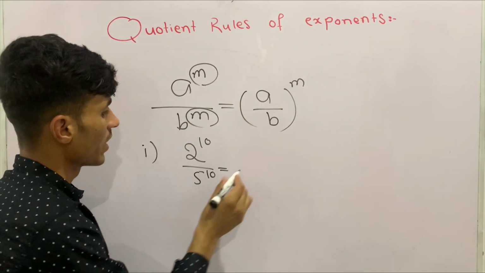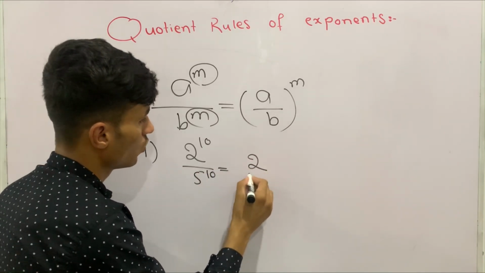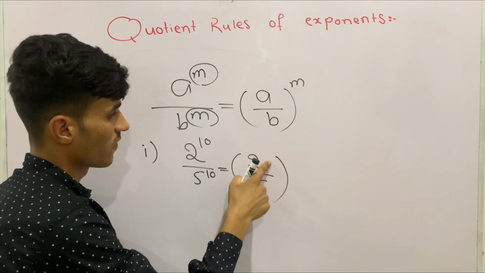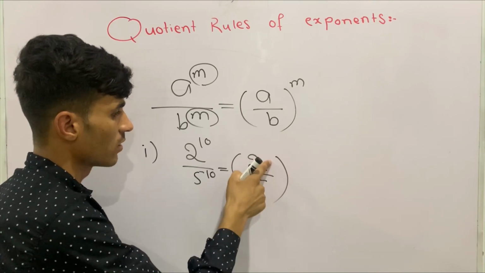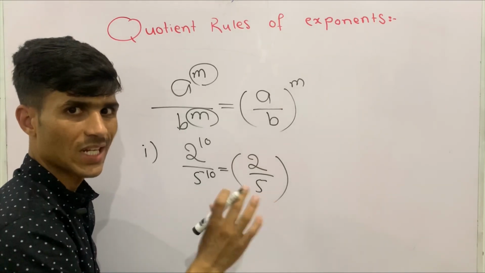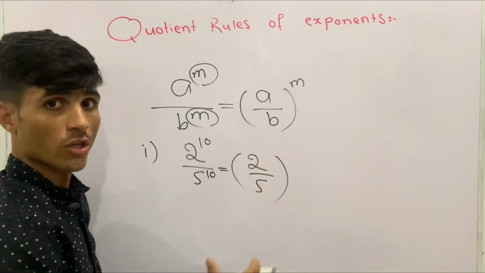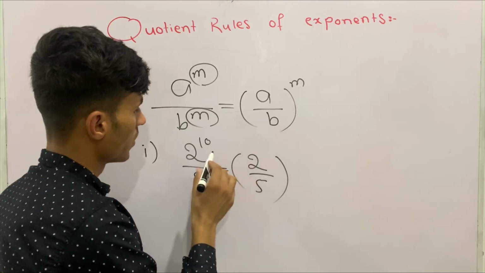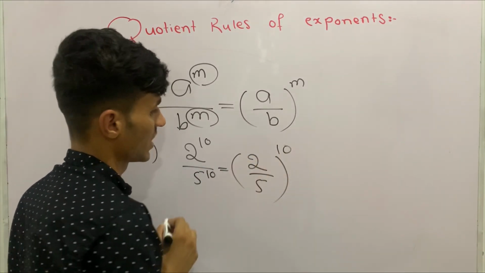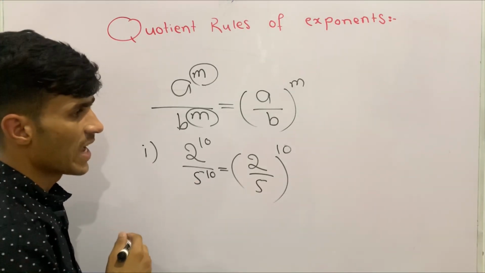But the bases are not, so dividing 2 by 5, and here it's a fraction, okay? Don't divide it, because you'd be getting a decimal representation of a number. You don't need to do so. So taking the common exponent, which is 10, this becomes the answer.